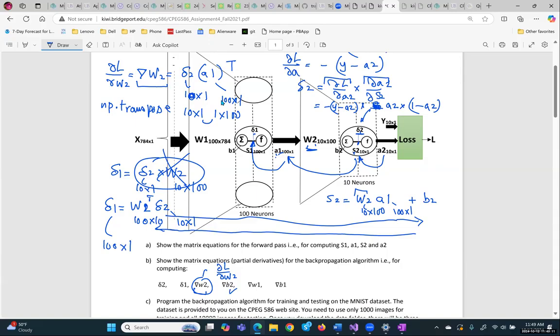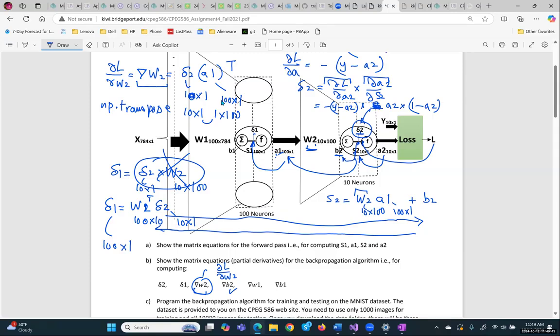Same way you can calculate the relationship of the derivative with respect to B2. So if we go to B2 over here, how is B2 related to delta 2? Remember, we'll go from here to here, then from here, we'll go to here, right?